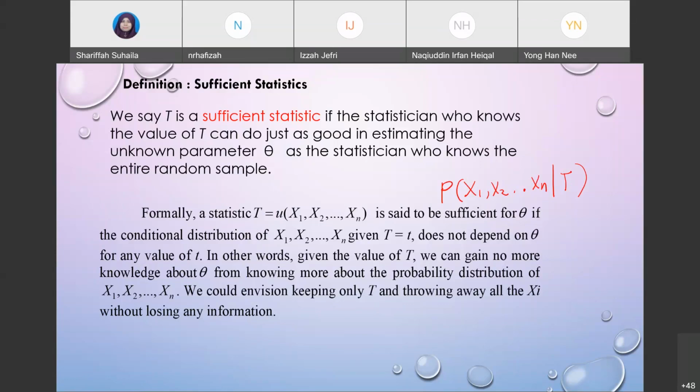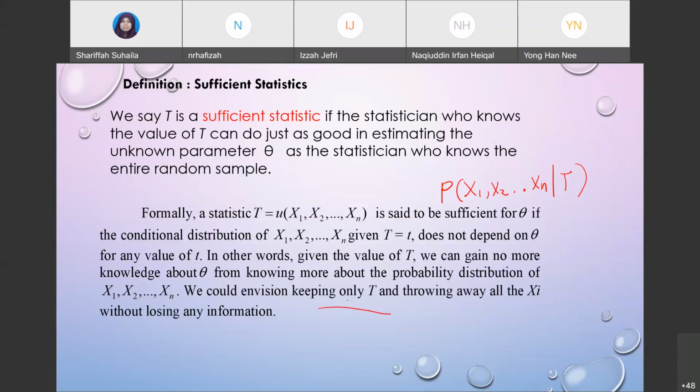In other words, given the value of T, we can gain no more knowledge about theta from knowing more about the probability distribution of x1, x2, ..., xn.